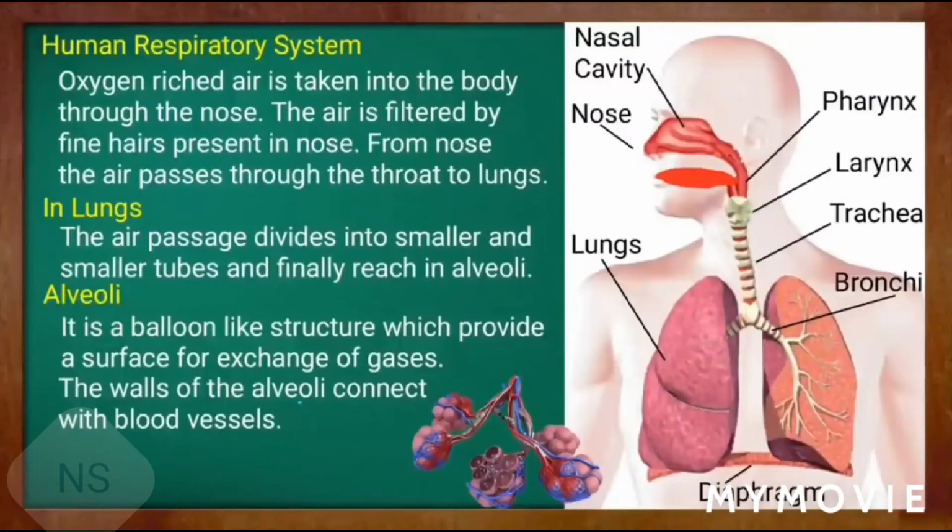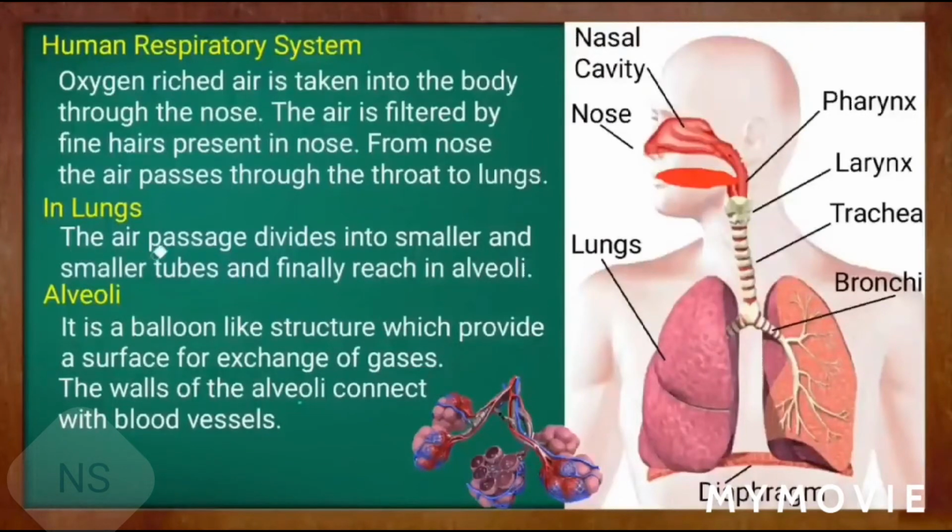From the trachea, the air passes into the bronchi. From the right bronchus, the air enters into the right lung. From the left bronchus, the air enters into the left lung. Further, from the bronchus, air enters into bronchioles. From bronchioles, the air will enter into alveoli. Alveoli are also called air sacs. They play a very important role in storing the air rich in oxygen.